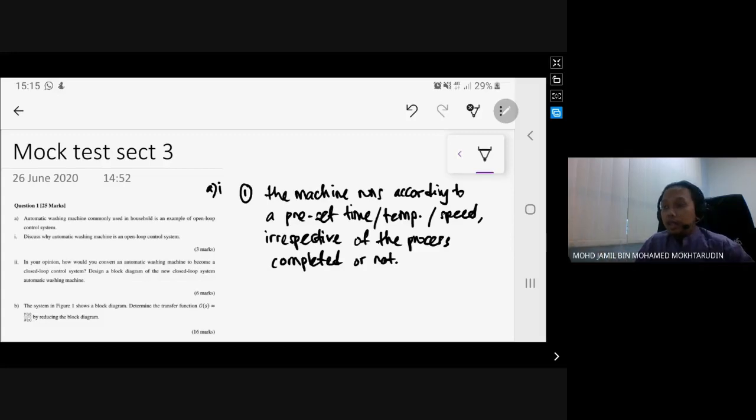Let's say you stop and then you wanted it to restart from beginning, then you need to wait until it finishes the 1 hour. Okay, so if you write preset time, temperature, or speed, then you get 1 point.